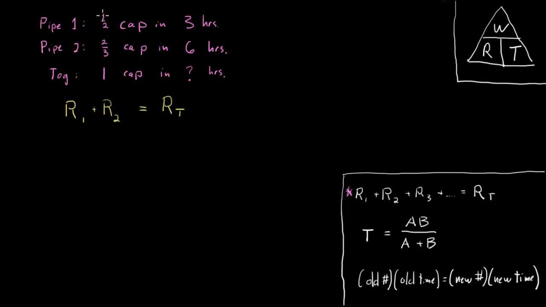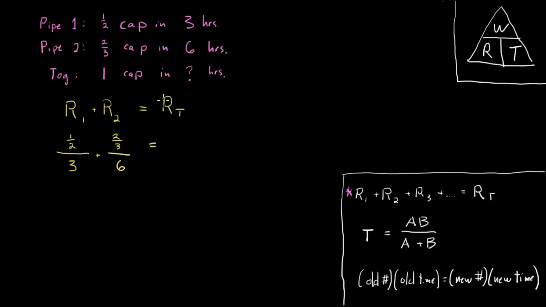That's the amount of work pipe 1 does in 3 hours. So pipe 1's rate is a work of half capacity over a time of 3 hours. And similarly, pipe 2's rate is 2/3 of capacity per 6 hours. And that is going to equal our combined rate.